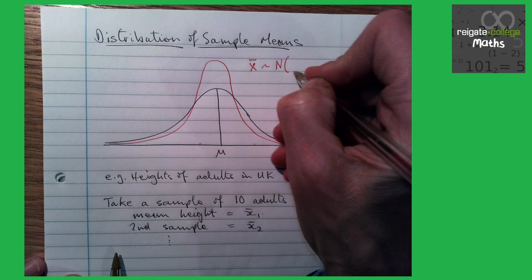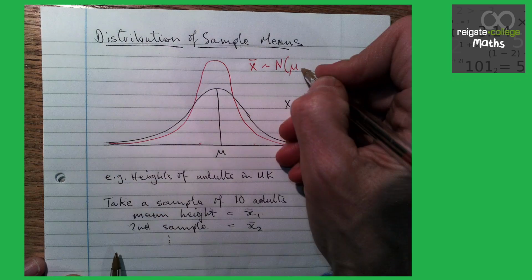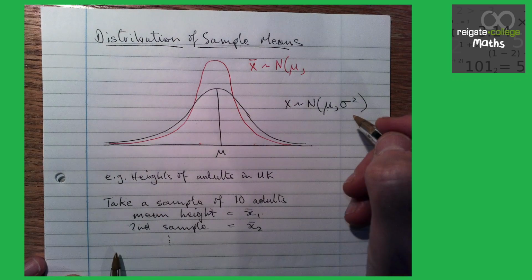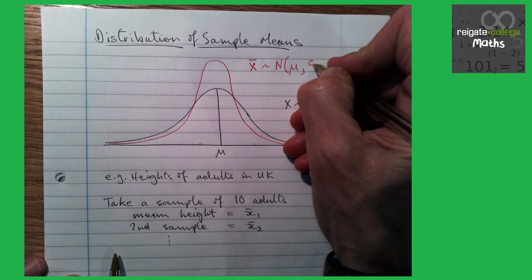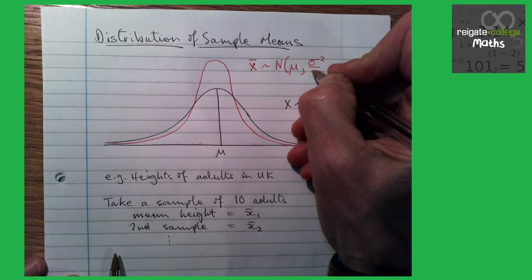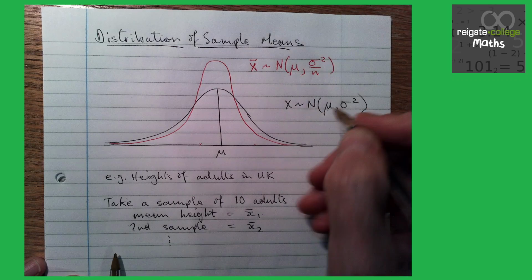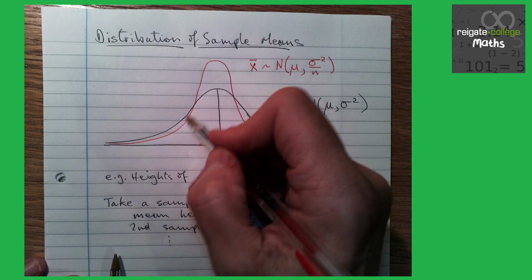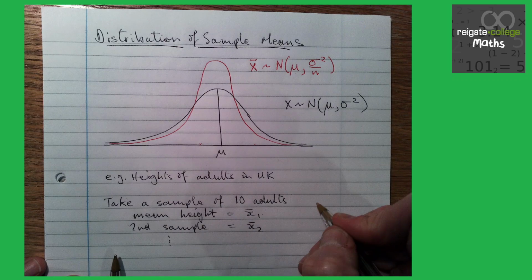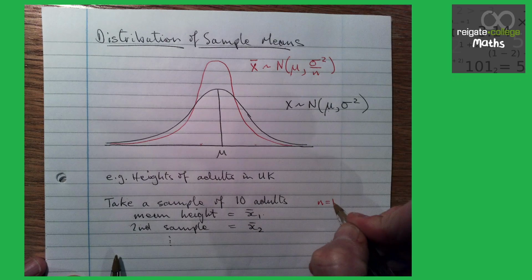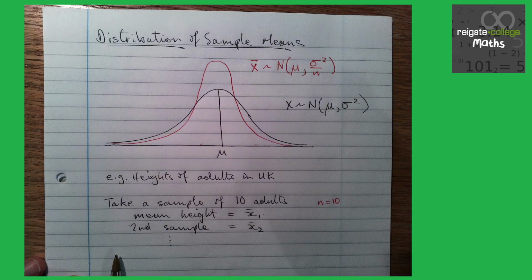It's also got mean mu, and it has variance sigma squared over n. So the actual shape of this depends on how big our sample is. So we're going to say n equals 10 for my example with the heights of adults here.